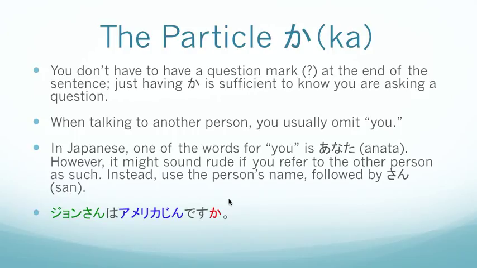But instead of saying あなたは, just say his name plus san wa. For example, John san wa アメリカ人ですか? So there will be no impoliteness by saying the person's name. So don't forget, don't say anata.